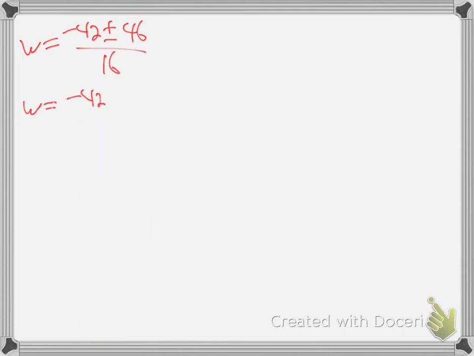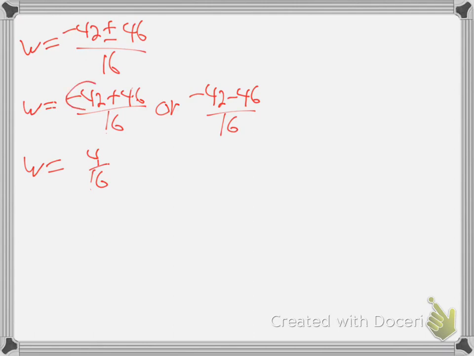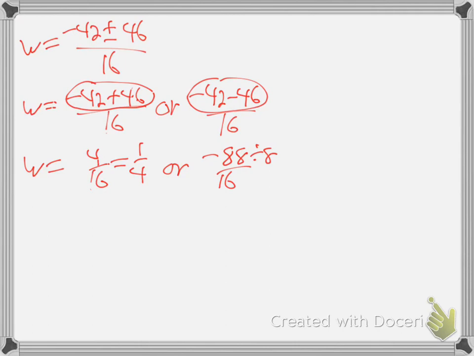That's minus 42 plus 46 over 16, or minus 42 minus 46 over 16. What is that? That's 4 over 16, which is 1/4. And this one is minus 88 over 16. Divided top and bottom by 8, that's minus 11 halves.